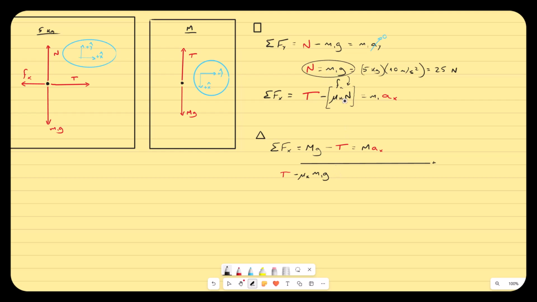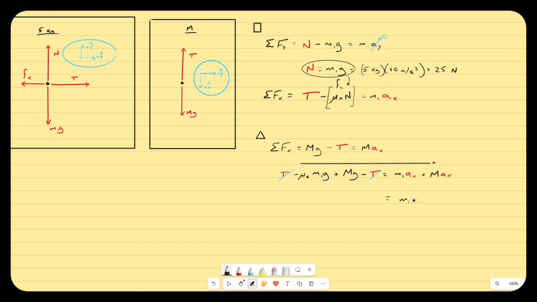That is the first equation, plus second equation left side, mg minus T, equals first equation right side plus second equation right side. The T and the T cancel, which is great. It means that acceleration is going to be my only unknown.